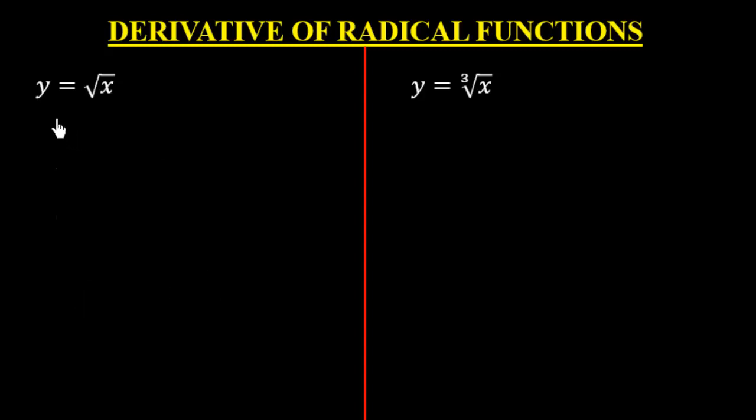Now we have here y equals square root of x. So the function can also be written as x to the power half, which is the fractional index for square root of x. So how do we differentiate this? We are differentiating y with respect to x, so that is giving us dy/dx.